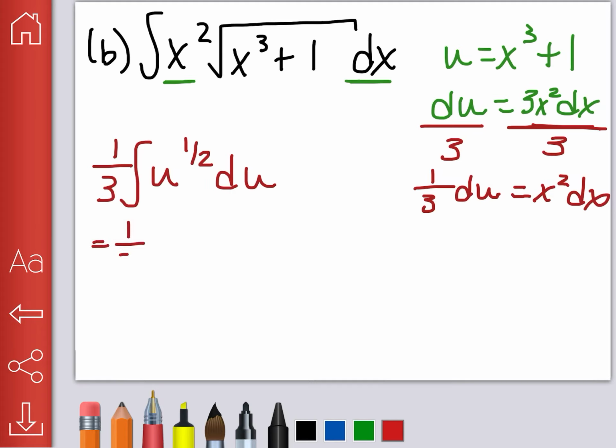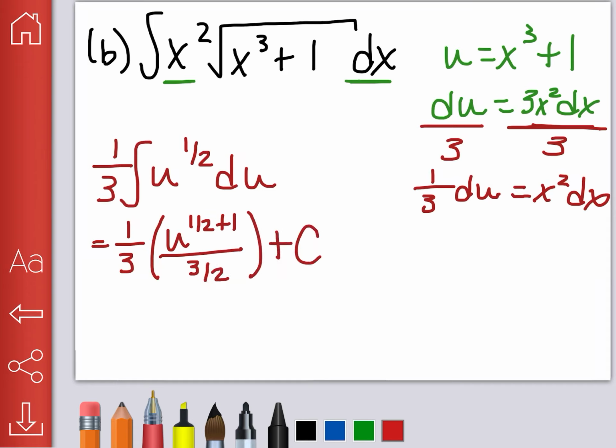Once I integrate that, I have 1/3 times u to the 1/2 plus 1 divided by 3/2 plus c. That's like 1/3 times 2/3 u to the 3/2 plus c.